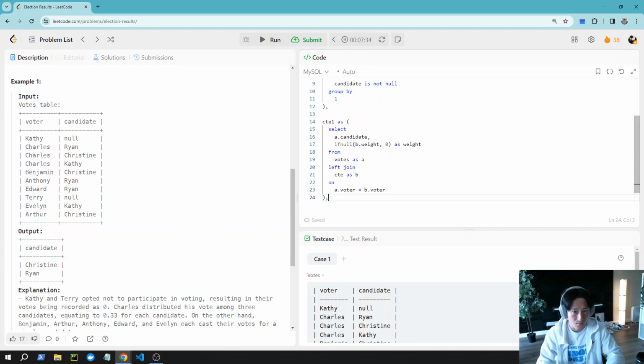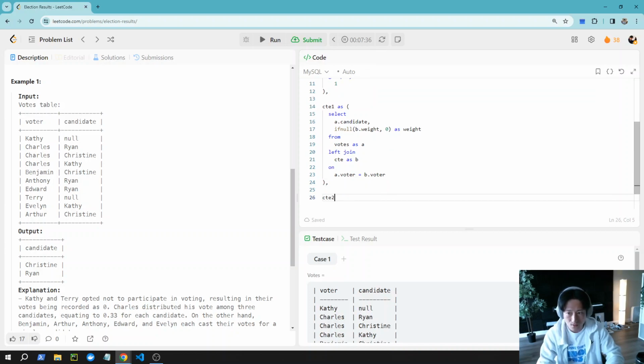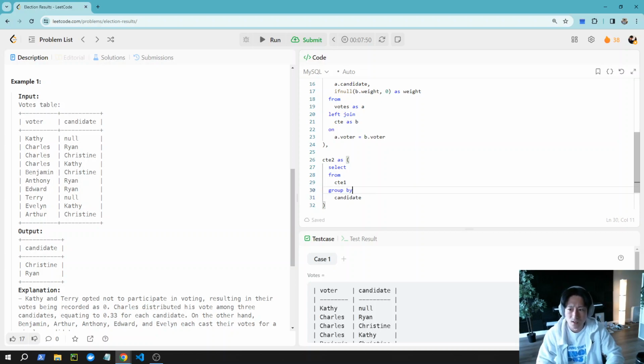And then I'm gonna compute the sum. So this is going to be another temporary table. Select from CTE1 and group by candidate this time. Group by candidate, and then get the sum of weight.